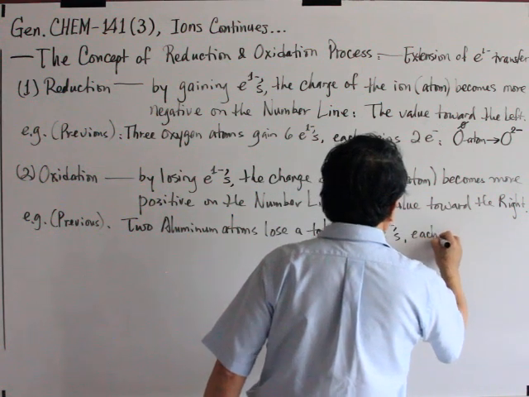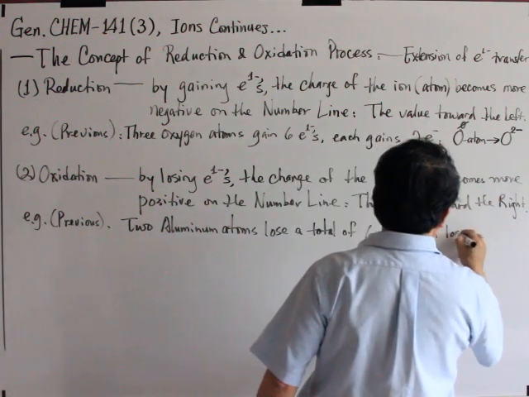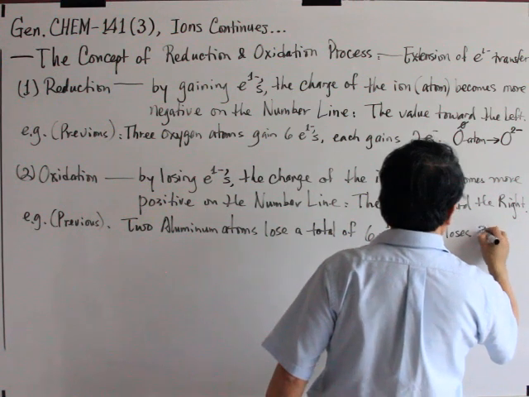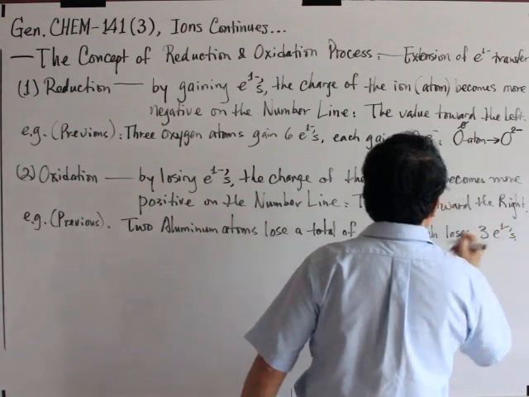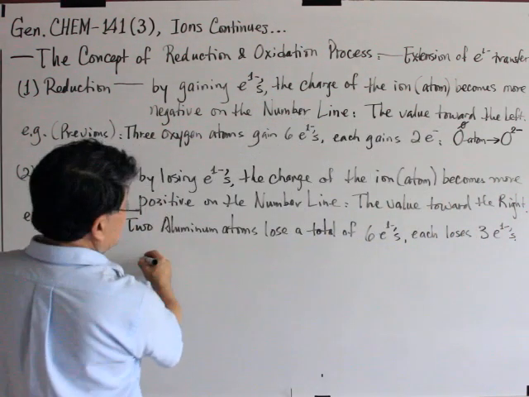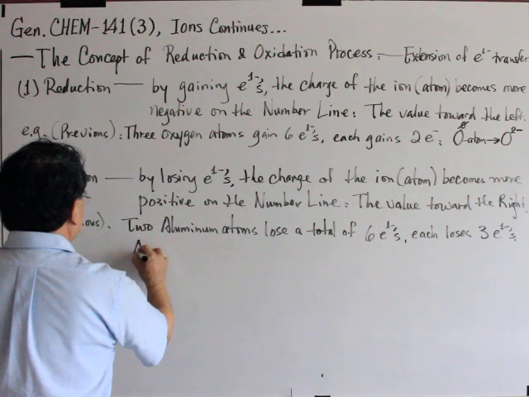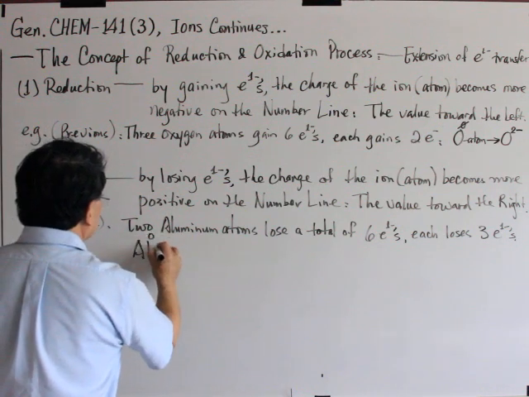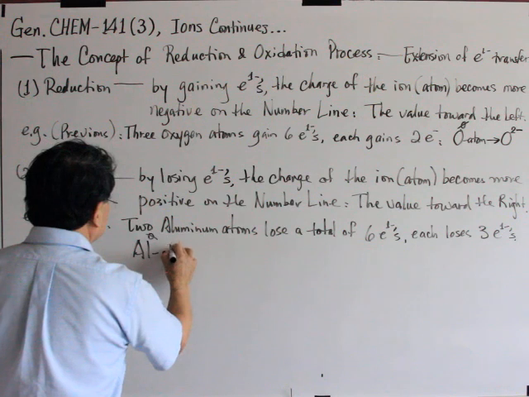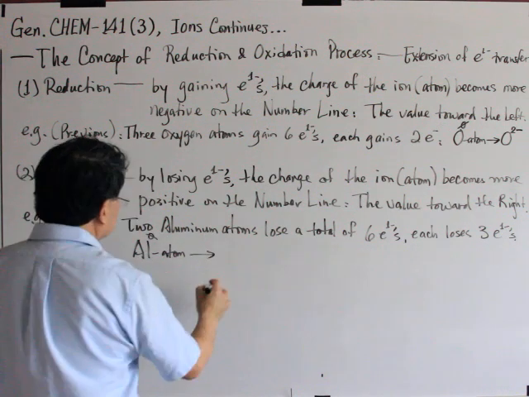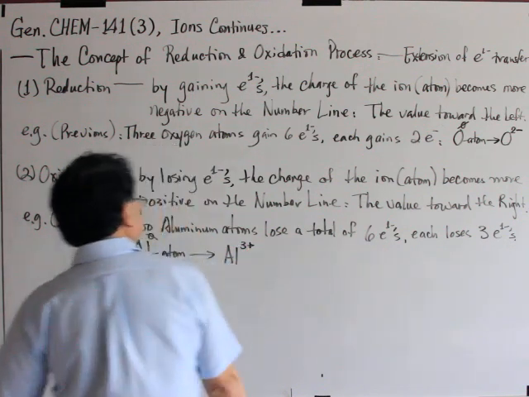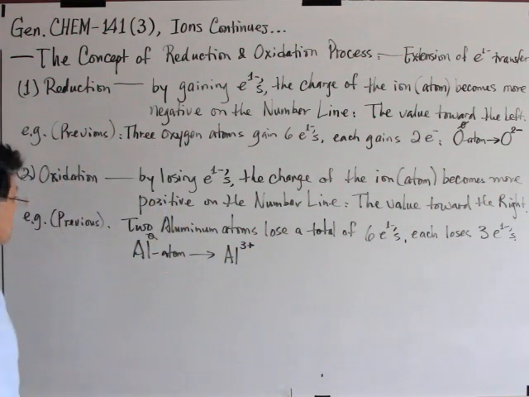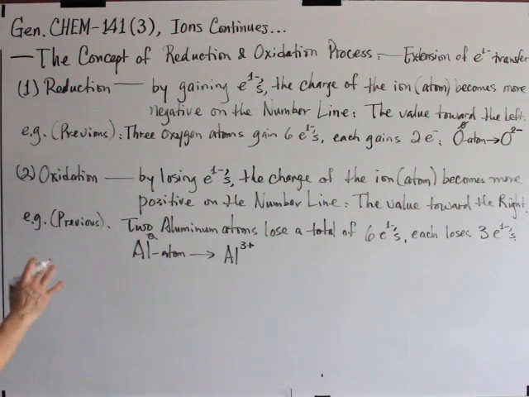Each loses 3 electrons, correct? 6 divided by 2, 3 electrons. And then what happens in this case is each aluminum atom, from 0 charge, becomes an aluminum 3 plus charged cation. Correct?